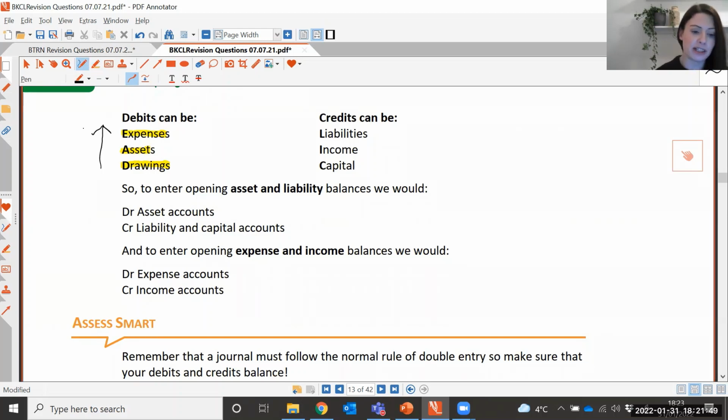If they're decreasing, it would be a credit. On the click side, we have liabilities, income, and capital. And again, this is if the amounts are increasing. So if a liability or income is increasing, it would be entered onto the credit side of the account. If it was decreasing, then we would do the opposite and debit the account.